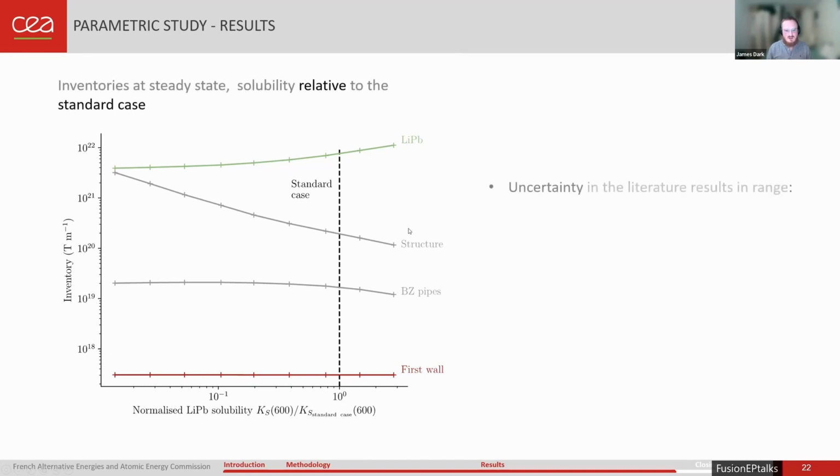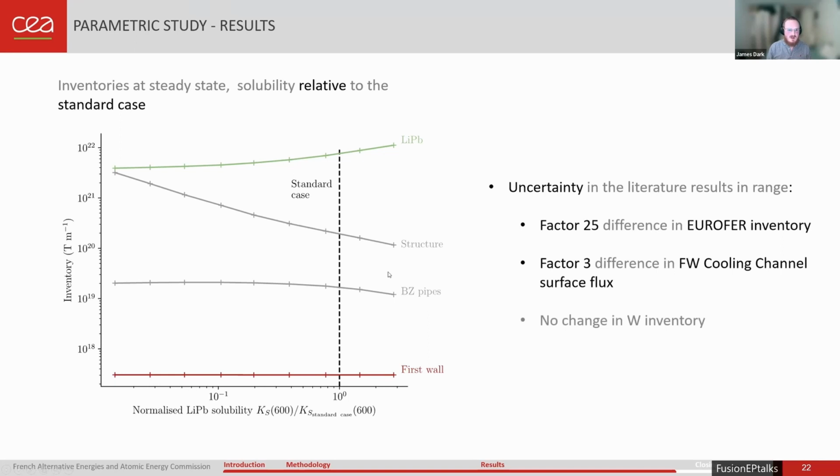And so what we see here is that depending on which end of the spectrum you take, there's potentially a factor 25 difference in your structural inventories of tritium, and a potentially factor 3 difference in your cooling channel surface flux as well. And we don't see a change in our tungsten inventory here, because obviously we're not changing the solubility of Eurofer or tungsten, and our boundary condition is determined by the conservation of chemical potential. So that's why we don't see any change in our tungsten inventory here.